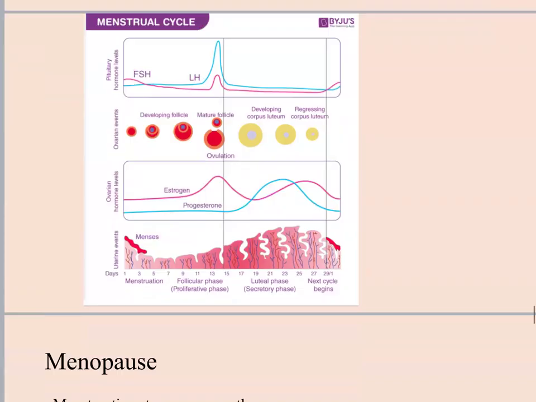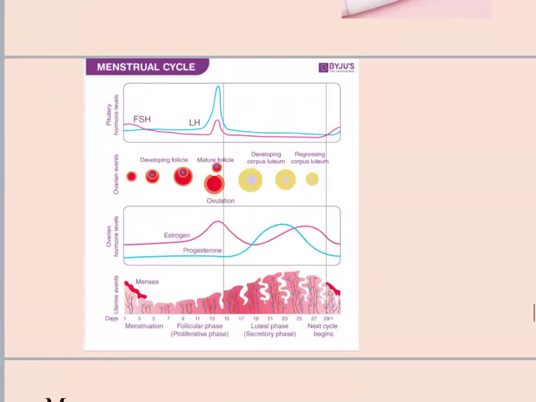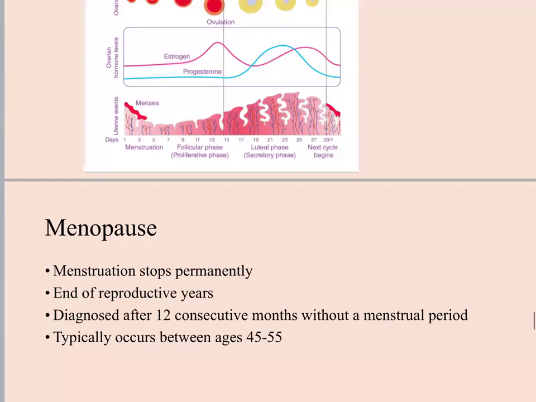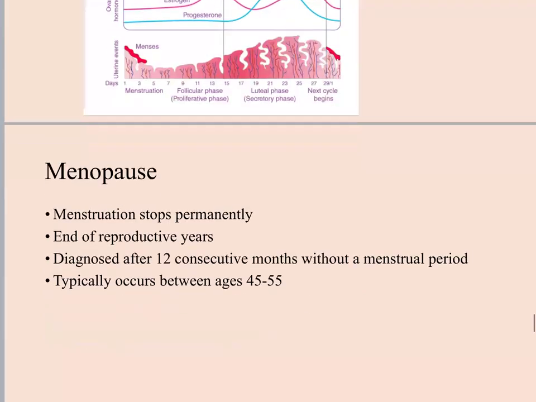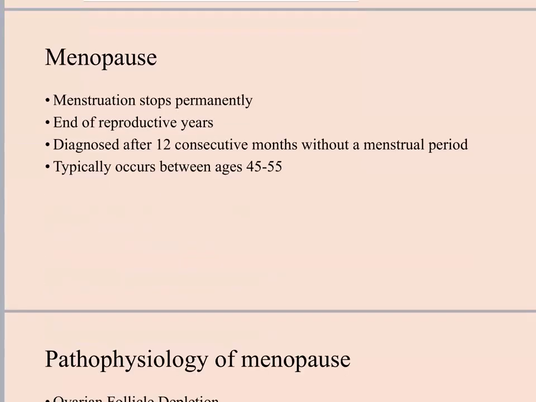So let's move on. Since we're talking about menstruation, let's talk about the end of menstruation. Menopause historically hasn't gotten a lot of attention. Thankfully, it's getting a lot more attention and research now. But I really wasn't taught all that much about menopause in any of my schooling until I got to grad school.